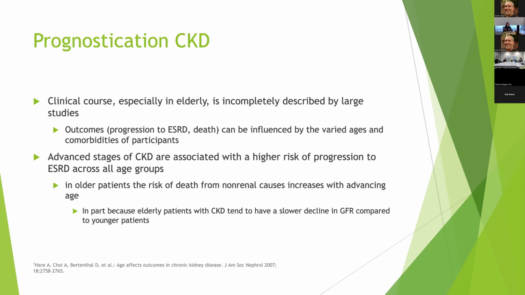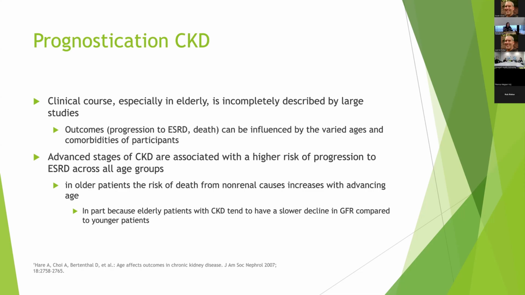The outcomes, so progression to end-stage renal disease and death, can be influenced, though we know, by varied ages and comorbidities of the participants. Advanced stages of CKD are associated with higher risk of progression to end-stage renal disease across all age groups. In older patients, the risk of death from non-renal causes increases with advancing age, right?